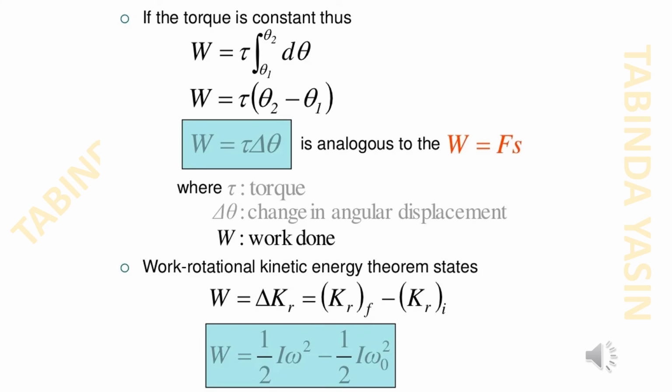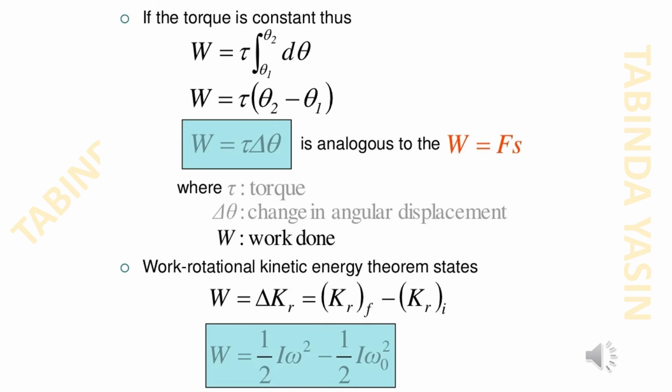If torque is constant, then W is equal to tau integral from theta 1 to theta 2 d theta. Integrating and applying the limit, we have W is equal to tau into theta minus theta 1, that gives W is equal to tau del theta, which is analogous to W is equal to Fs, where tau is the torque and del theta is the change in the angular displacement, and W is the work done.